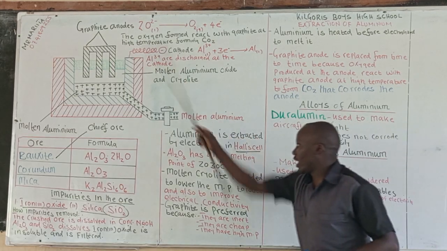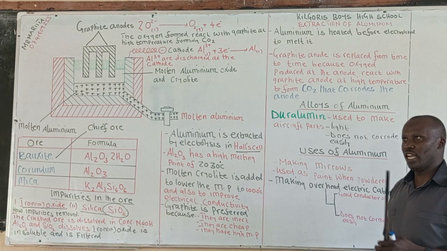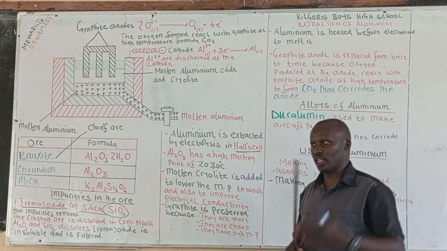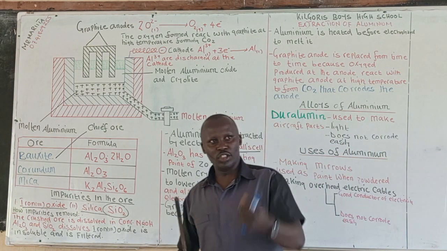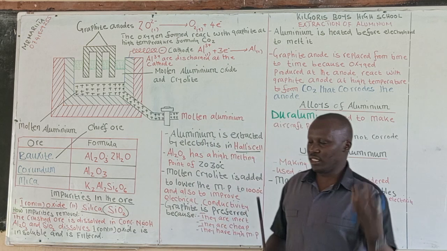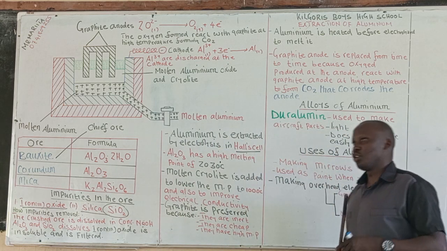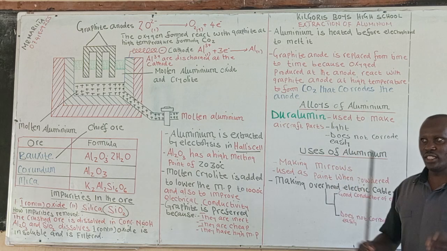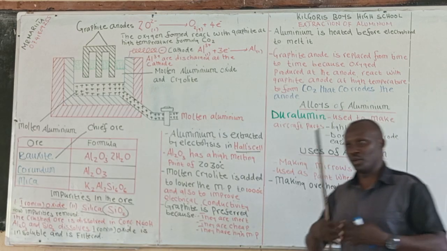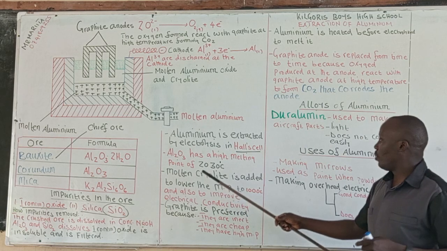In the Hall's cell, the aluminium oxide has a high melting point of around 2000 degrees. So the process of electrolysis would not be carried out at this very high temperature, because it is very expensive. So what is done to lower this melting point or to make the process more economical?